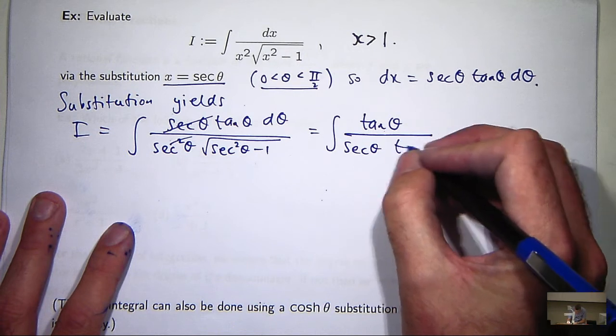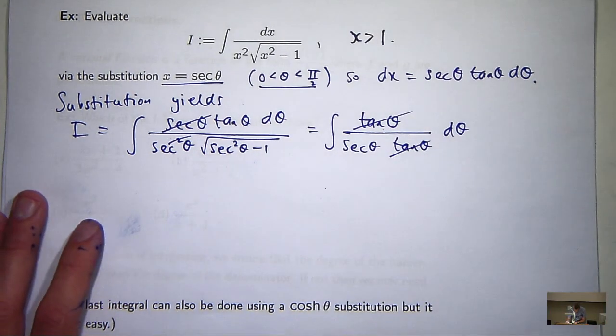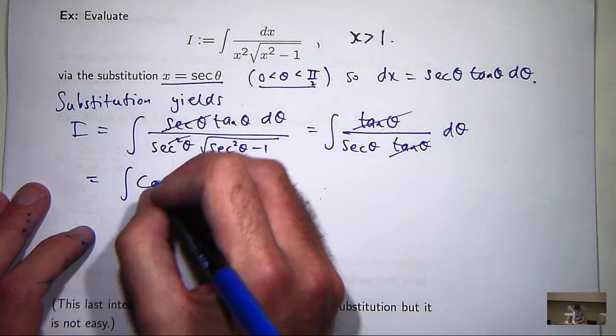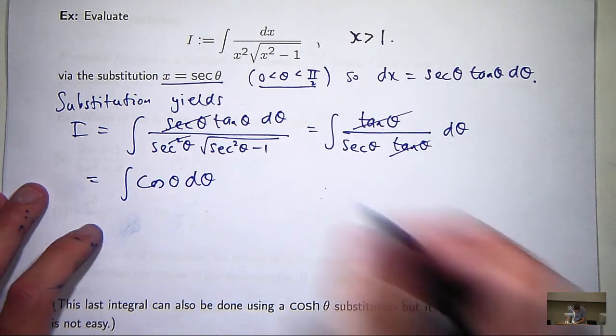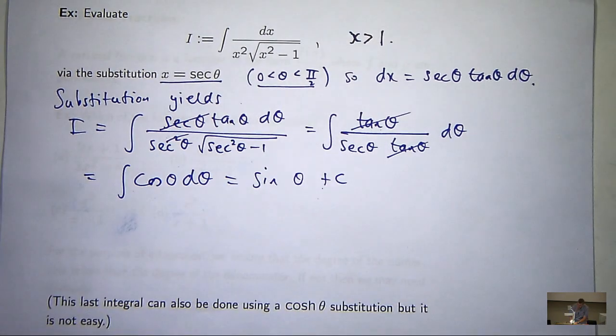So now all I need to do is get my final answer in terms of x. It's a little bit more difficult here because x equals sec theta, so x equals 1 on cos theta. So if you rearrange that, cos theta equals 1 on x.